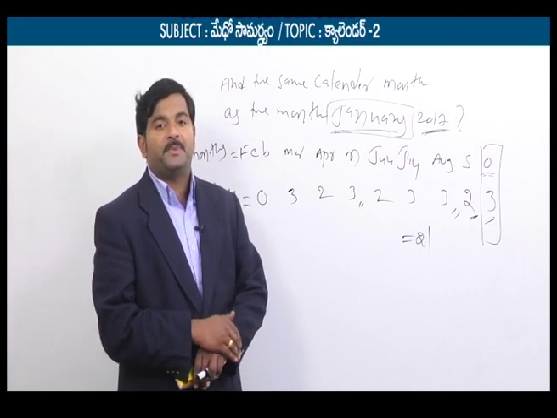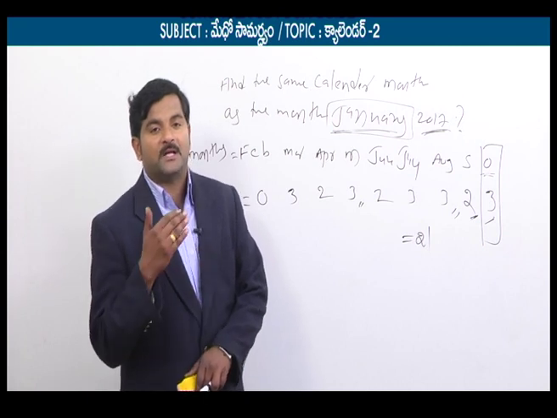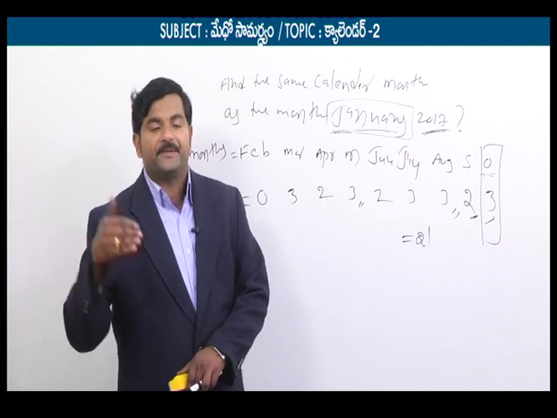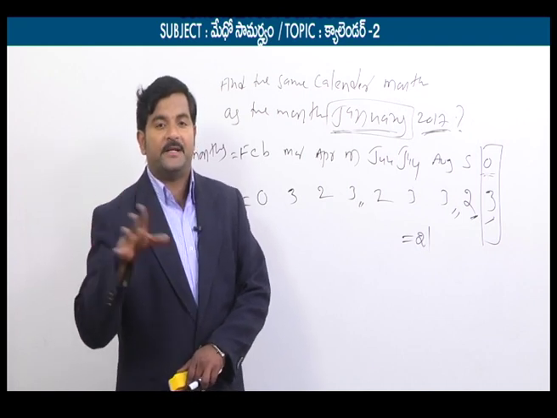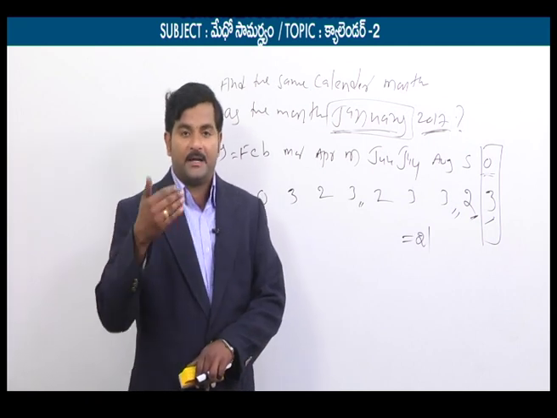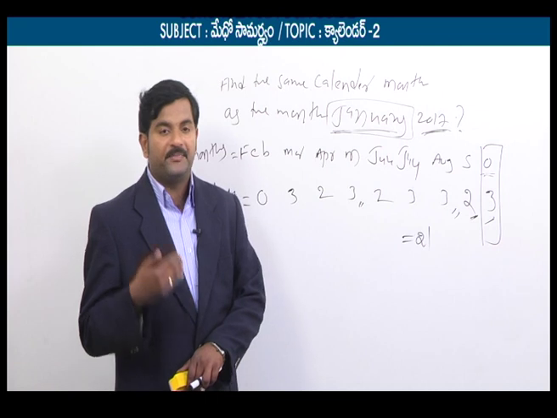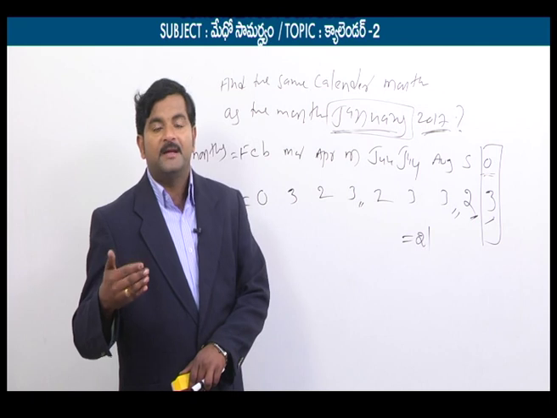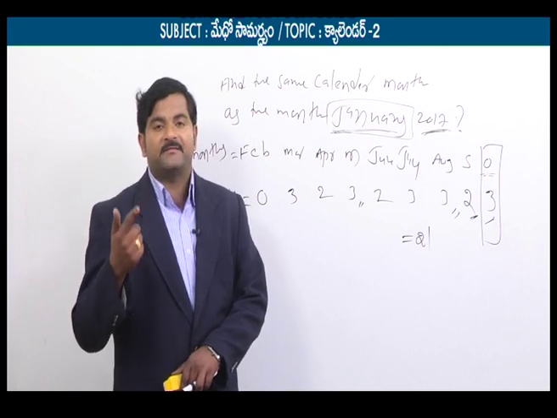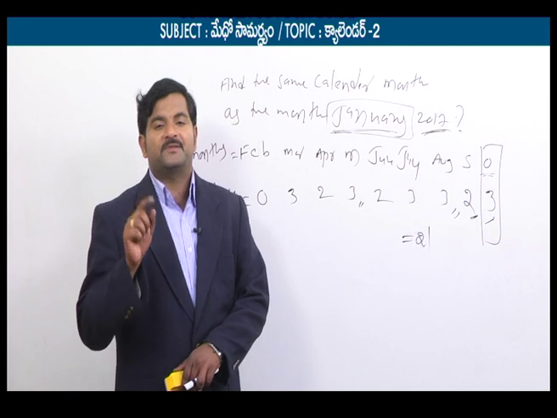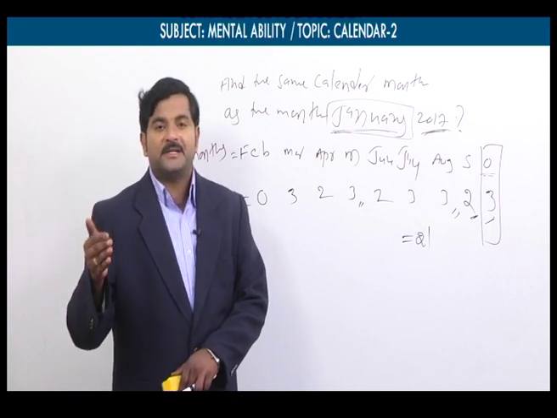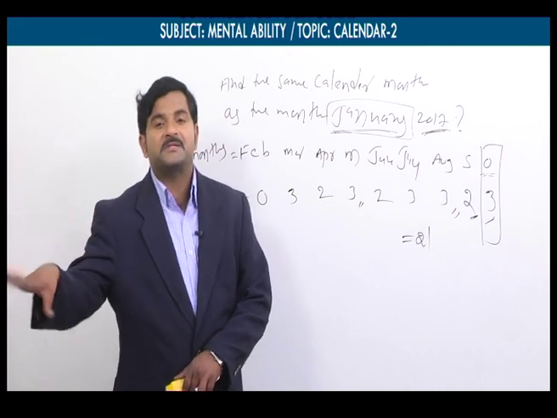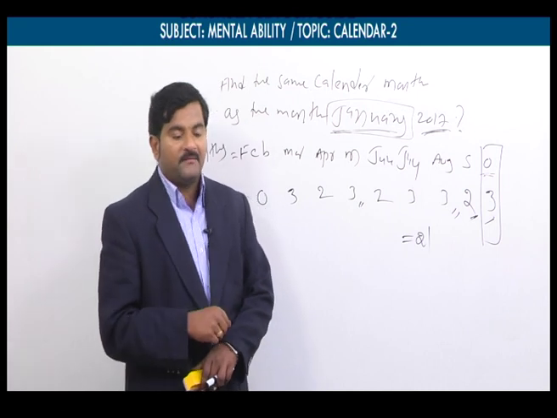In the month of April 2001, which dates are Wednesdays, we asked. For that, first we have to find out which day the April month starts with, that is, find which day 1st April is by using that known formula and known codes. Based on that, find the first Wednesday, and after every 7 days the same day will come. For example, if 3rd is Wednesday, then 10th is Wednesday, 17th is Wednesday, 24th is Wednesday. If that month is having 31 days, 31st is also Wednesday. So in that way we discussed that type also.